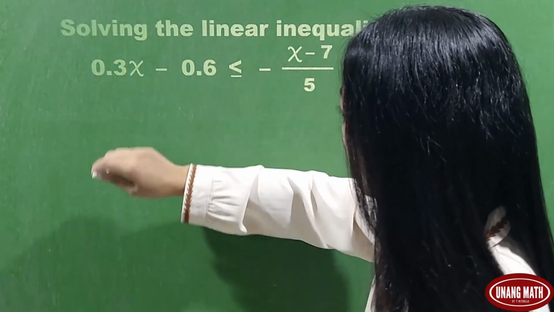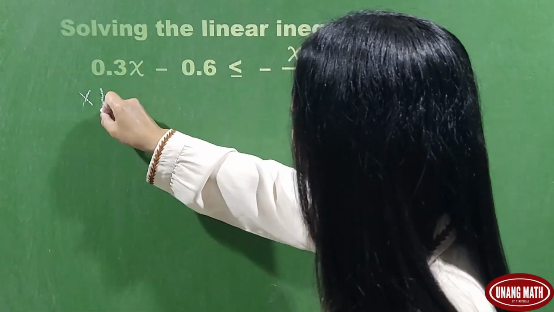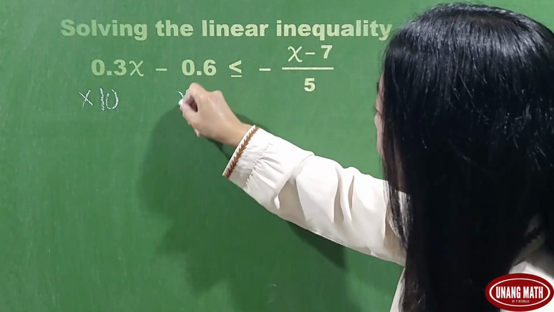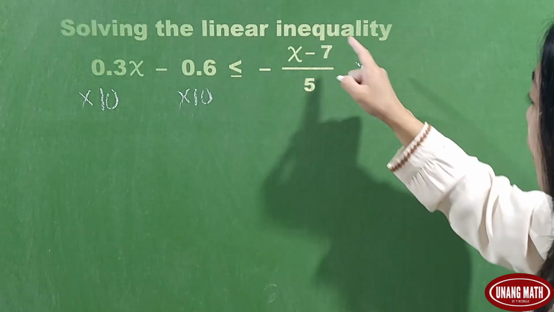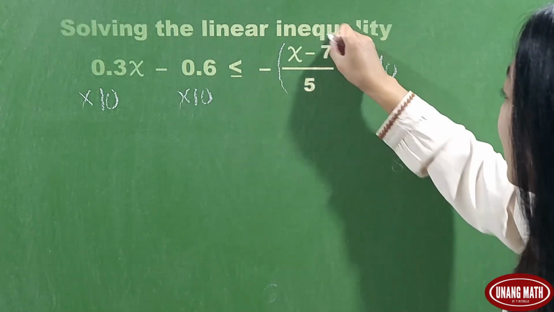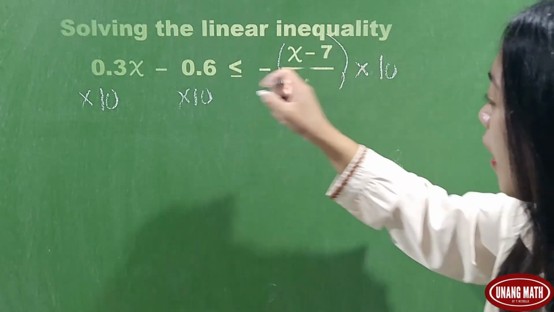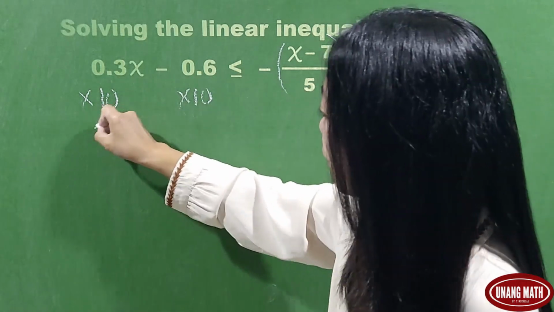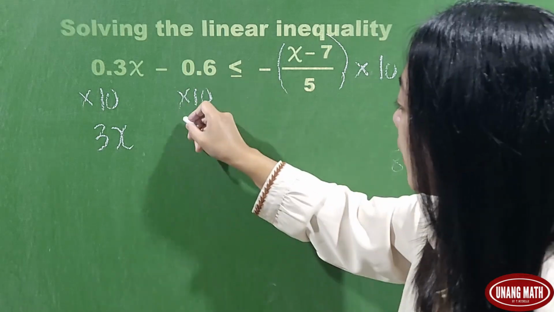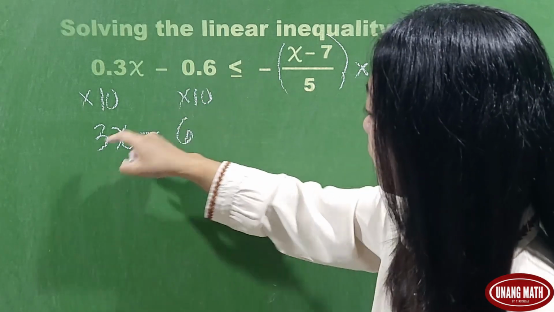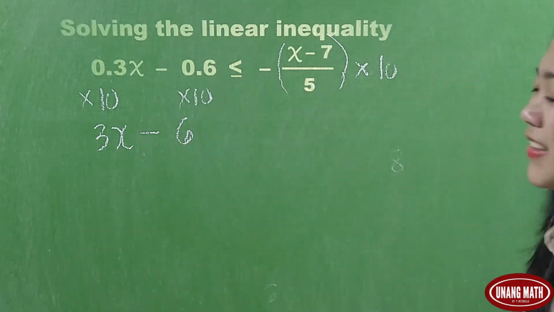Since this is 0.3, we just have to multiply this one by 10. This is also by 10. And don't forget to multiply the other side by 10 also. Okay, 0.3 times 10 is 3. So this is 3x. 0.6 times 10 is 6. So this is 3x minus 6.